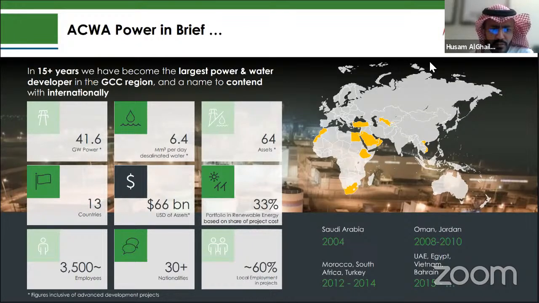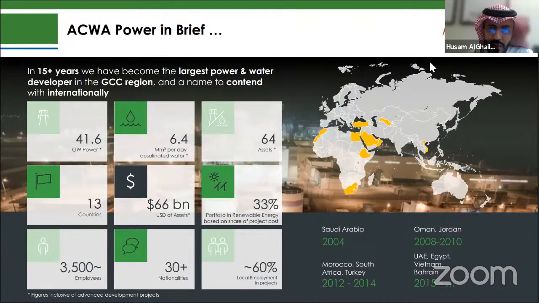We currently have around 41.6 gigawatts of generating power assets, and 6.4 million cubic meters of desalinated water, all contracted. Those are all coming from 64 assets, with a total worth of 66 billion of assets under management, 33% of which is in renewables.